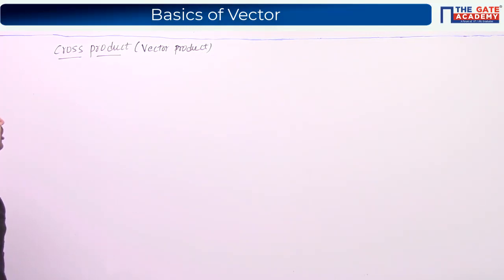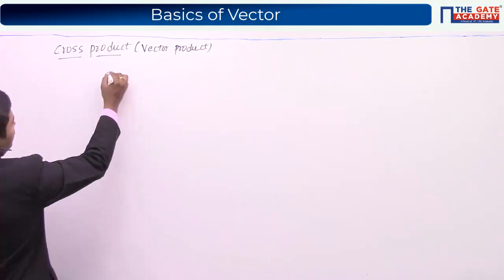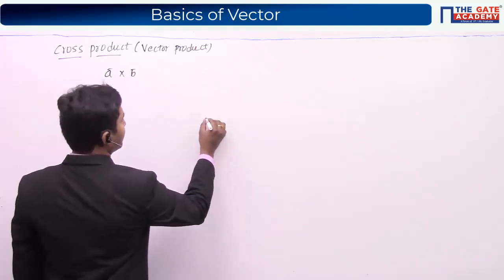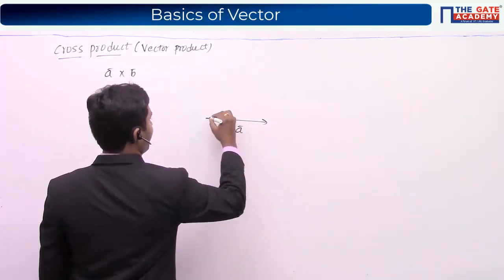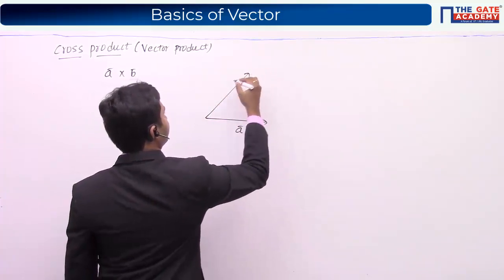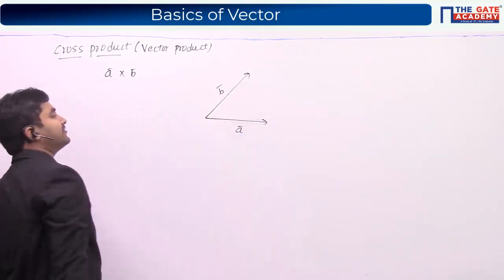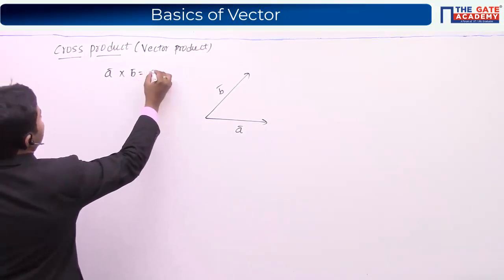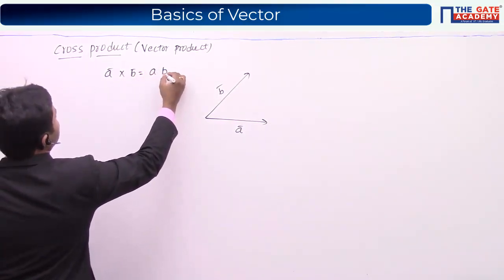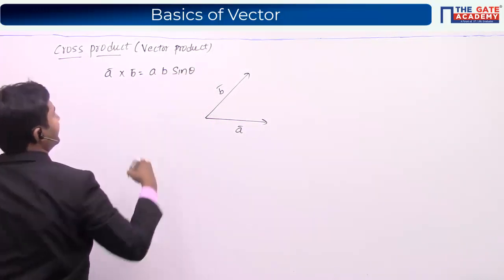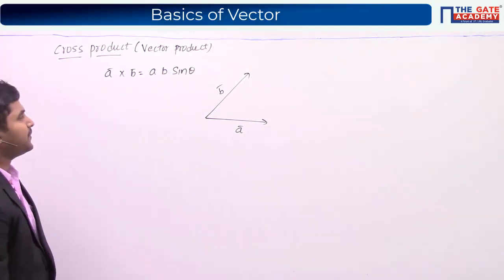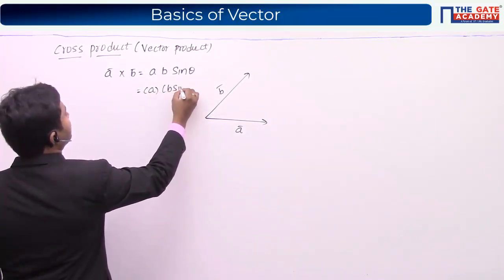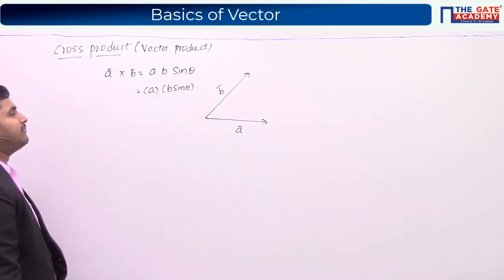If you have two vectors a bar and b bar, the product of these two is given by AB sine theta. AB sine theta is nothing but A multiplied by B sine theta.